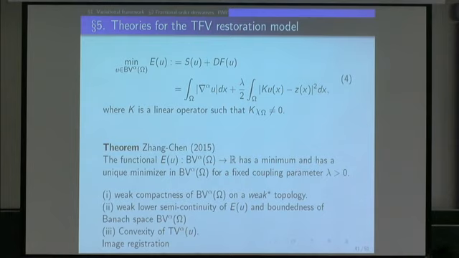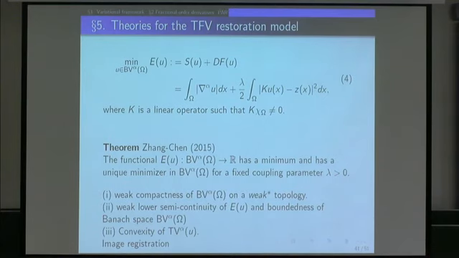First of all, go back to restoration, I have two problems. For the other one, we just worked out recently, and so you go back to this problem, and you can show, using the space we defined, BV alpha, through the usual tools, starting with compactness and lower semi-continuity, that this functional has a minimum in the BV alpha space if the coupling parameter is given.